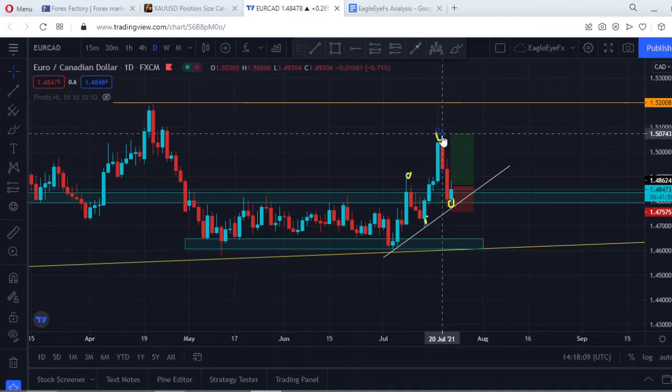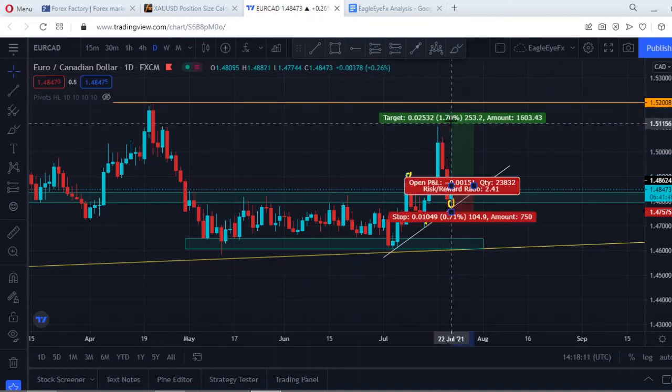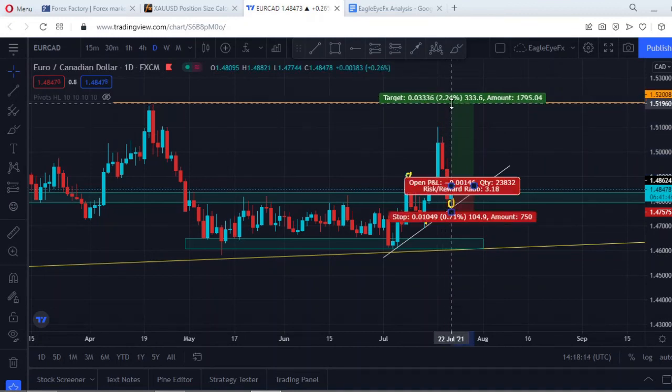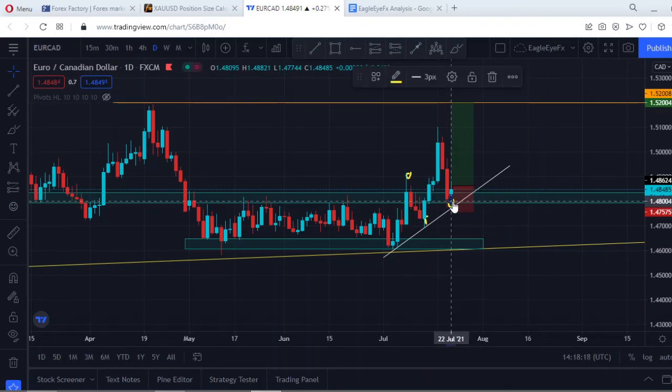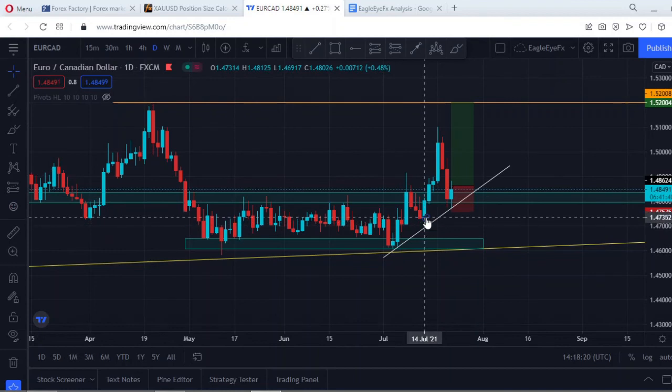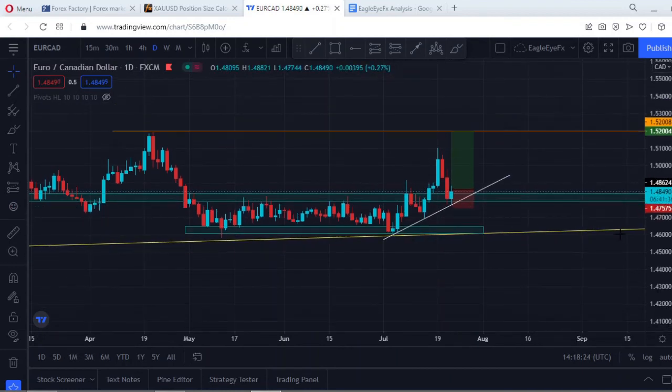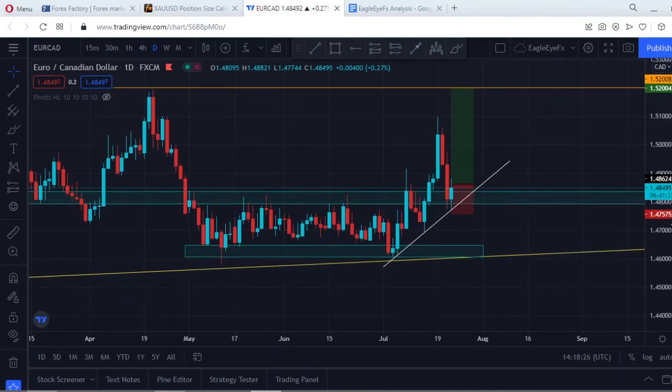So that one is going to be like 3.2 times, so risking 1% to make 3.2%.